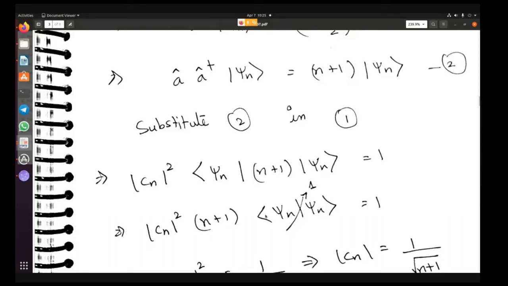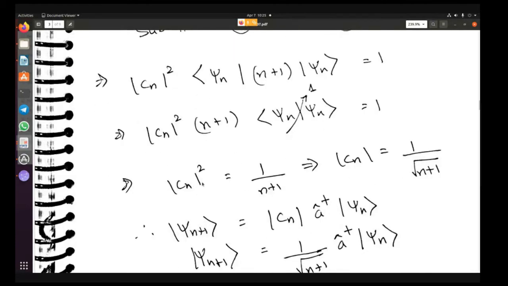And then we have the scalar product of psi n with itself. We have already assumed that this one is normalized, so this is equal to 1. And so we get Cn square is equal to 1 by n plus 1. So Cn is equal to 1 by root of n plus 1. Is this clear? So we have got the normalization factor, which turns out to be 1 by root of n plus 1.